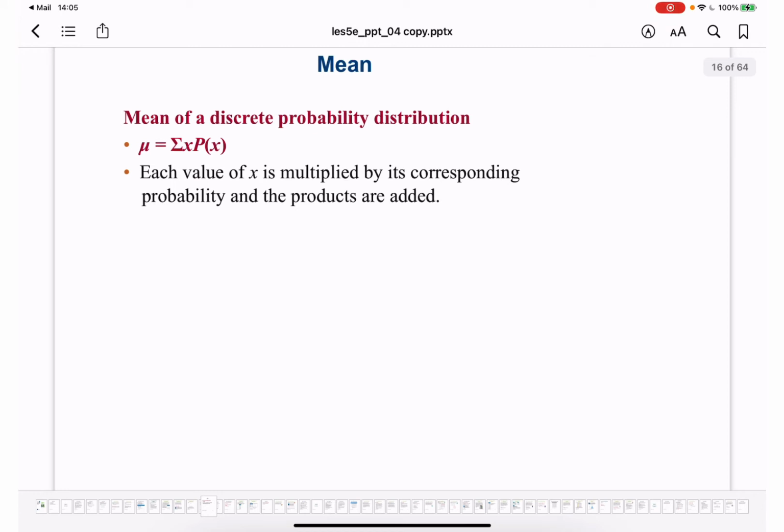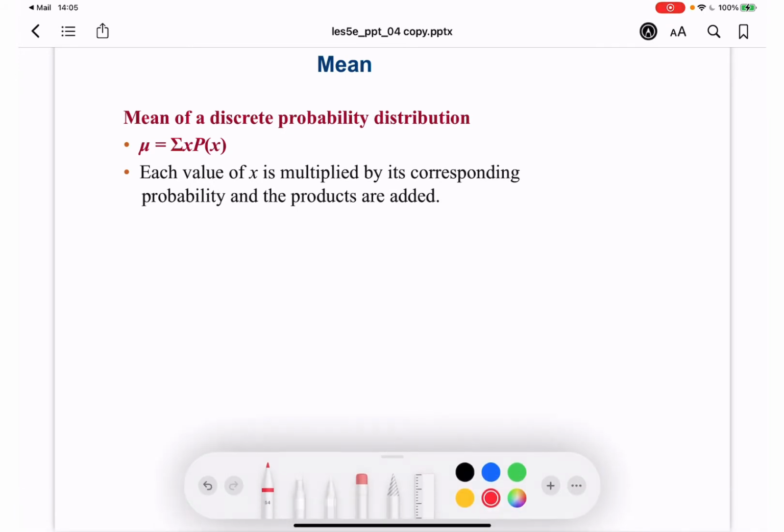Mean of a discrete probability distribution. For the probability distribution table we did a while ago, how do we find the average? To find the average, we are going to use this formula: mu is equal to the sum of x times the probability of x.